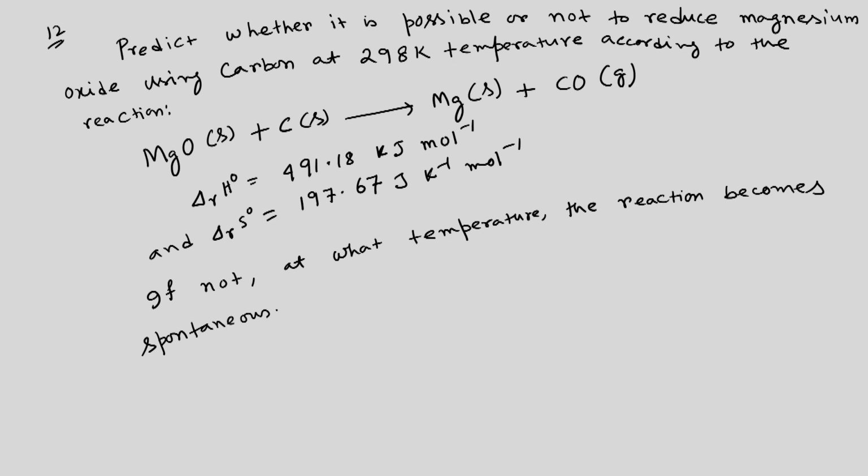So, problem number 12 states predict whether it is possible or not to reduce magnesium oxide using carbon at 298 Kelvin temperature according to the reaction MgO solid plus carbon solid gives Mg solid plus carbon monoxide gas, and delta H naught is 491.18 kilojoule per mole and delta S naught is 197.67 joule per Kelvin per mole.